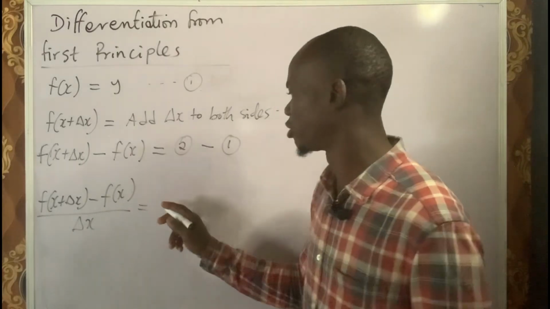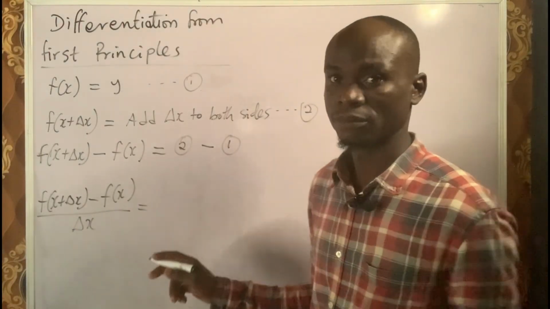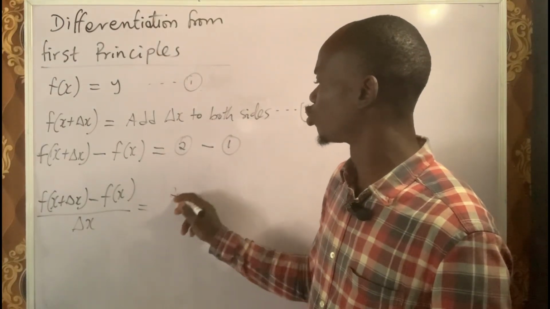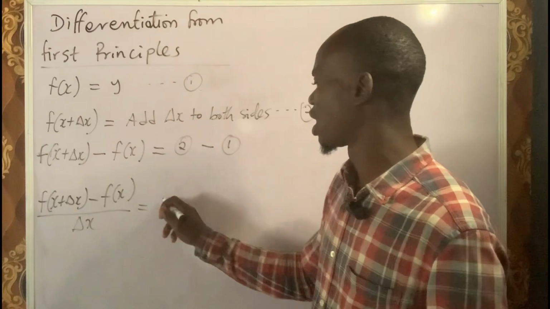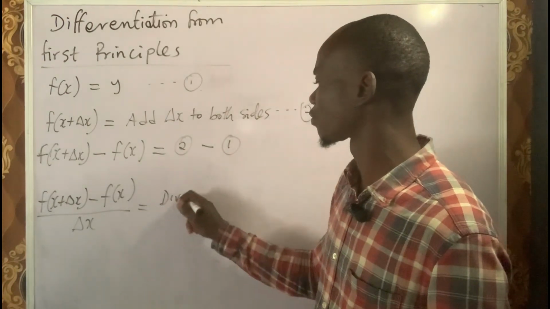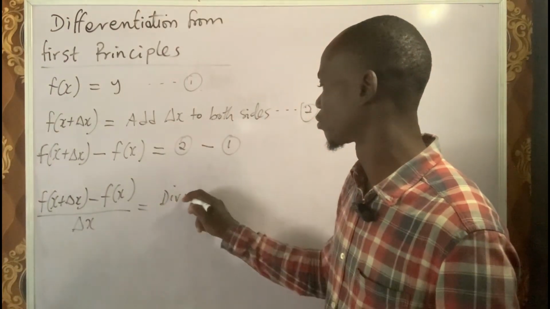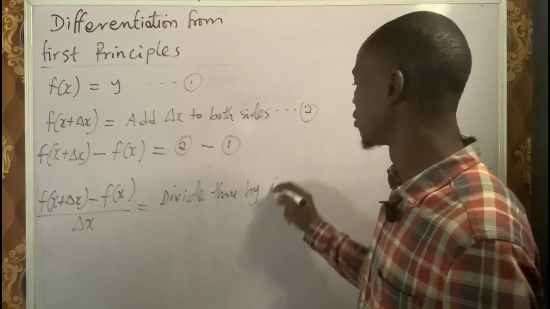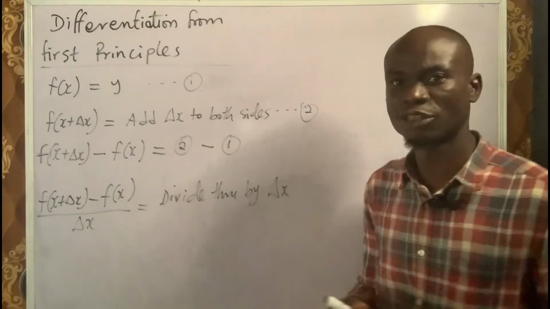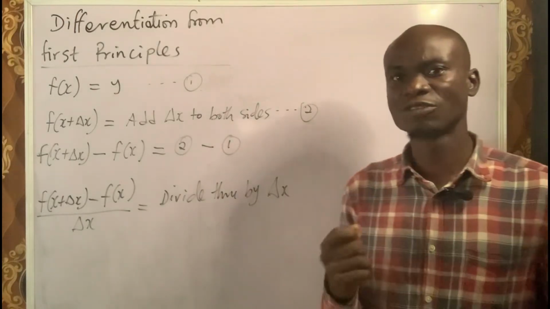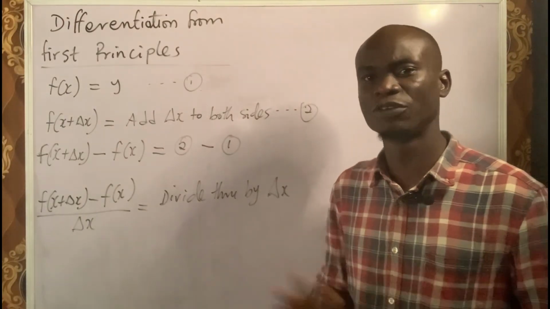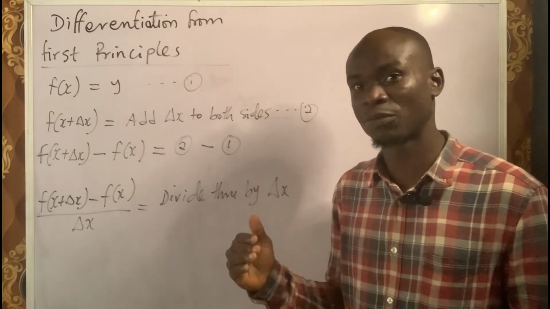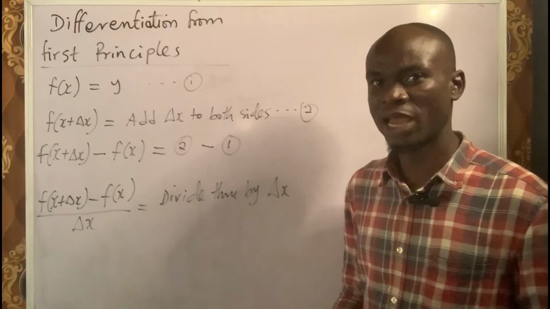So I divide through by delta x, and that is exactly what happened in the fourth step. The essence of the fourth step is to cancel out any free delta x that is still in your expression. That's why I have to solve the third step until I have a free delta x.